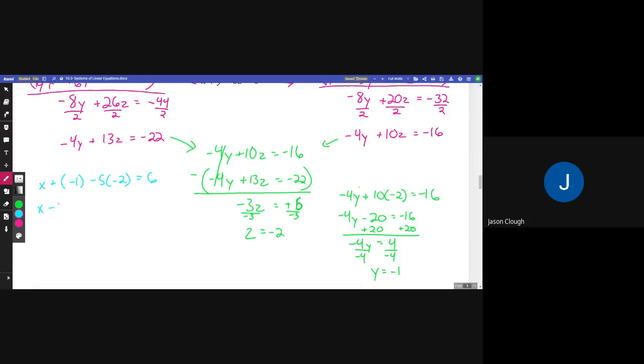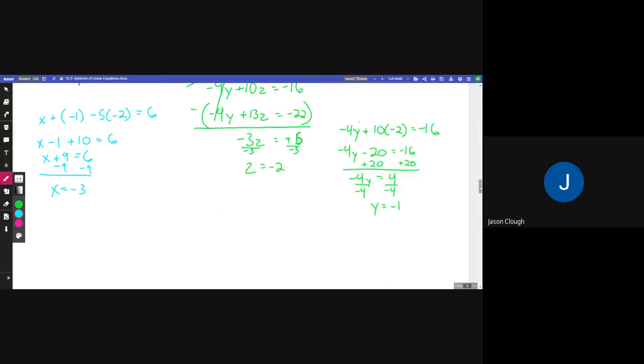So x minus 1, negative 5 times negative 2 is positive 10. This becomes x plus 9 equals 6. Subtract the 9 over, and I get x equals negative 3. So my solution is x equals negative 3, y equals negative 1, z equals negative 2.